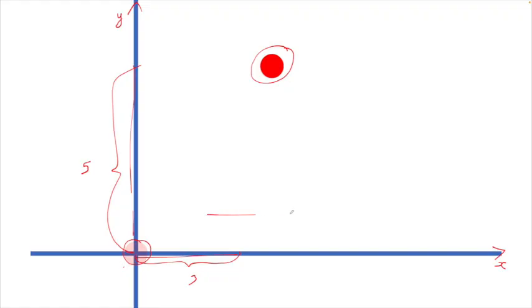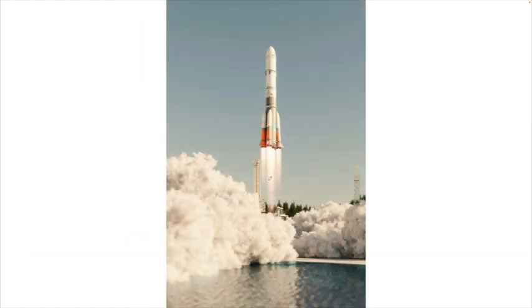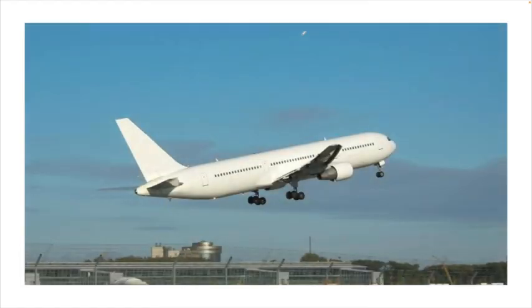Having studied front and back, left and right, we have missed one more direction, which is up and down. We are living in a three-dimensional world. That means I can move front and back, I can go left and right, and also I can go up and down. This is the third dimension, called the z-axis. Some objects can move in all three axes. For example, take an aeroplane. It can move front and move up at the same time.